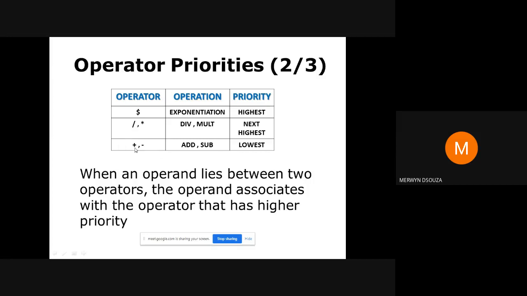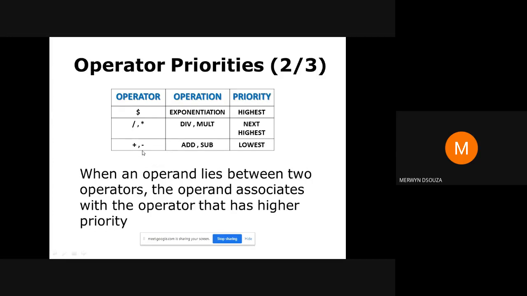It's not like if plus is there, I will do plus first and then minus. How to resolve the deadlock when they have the same priority, I will tell you in one of the coming slides. So till here, have you all understood how the priorities are given? These are the default priorities which we have learnt in maths actually. So I'm not changing anything here.